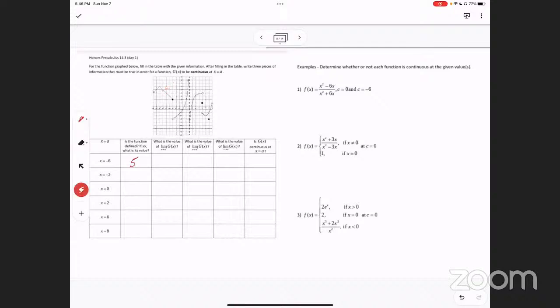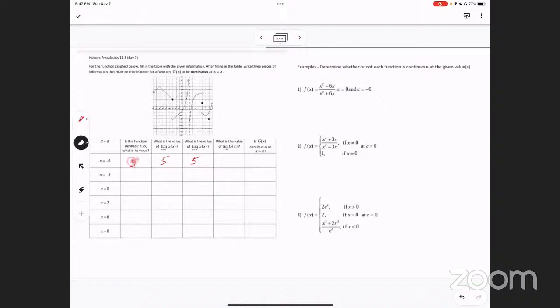Make sense? What is the value of the limit as x goes to a? The value as x goes to a from the left is 5. From the right, it's also 5. Oh, sorry.